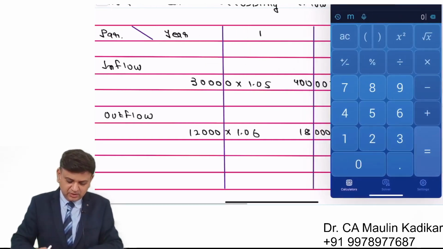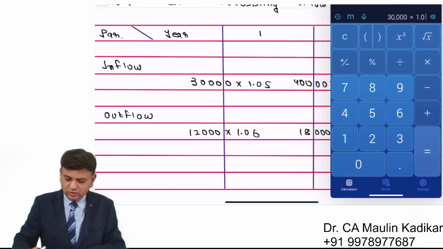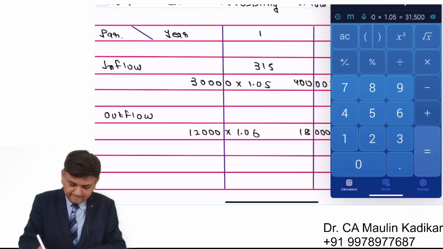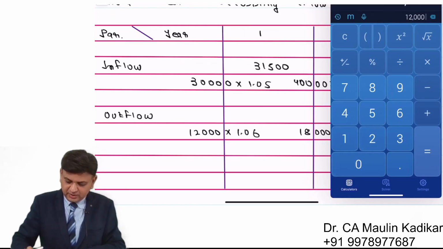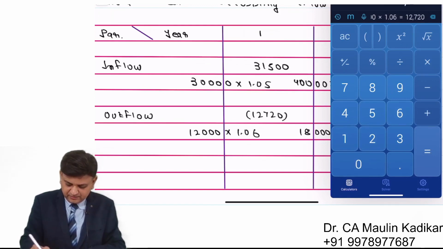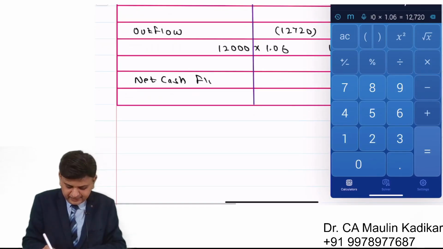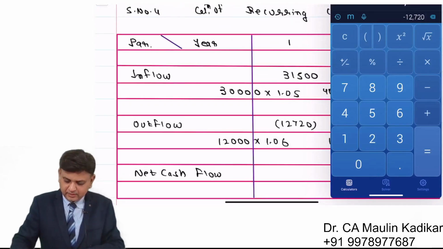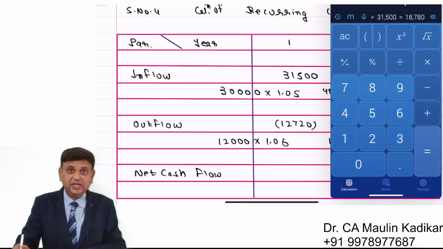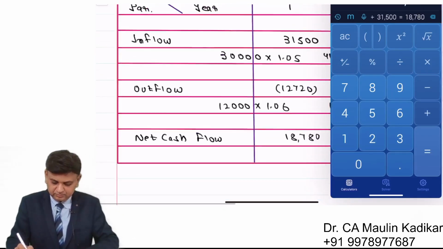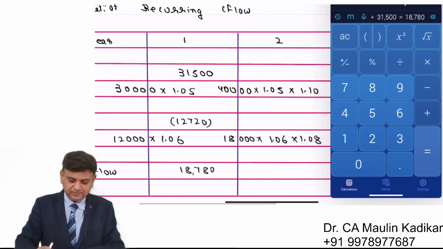So please use your calculator. 30,000 into 1.05 comes to 31,500. 12,000 into 1.06 is 12,720. Based on this, we compute the net cash flow. It is 18,780. This is of the first year end.